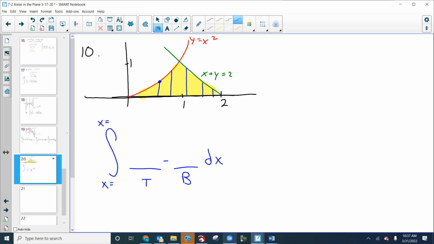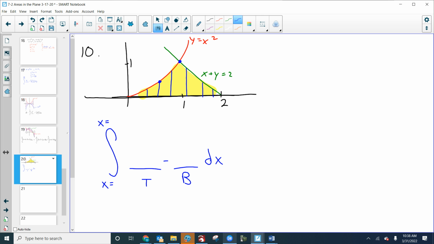What's the issue? You have to split them up. Why? Because from 0 to 1, the top function is the red, and then right here, the top switches to green. If a top or a bottom changes on the interval, you've got to break it up, don't you?